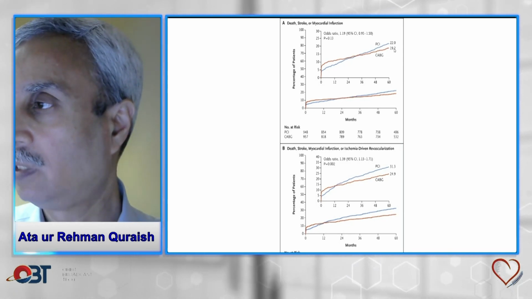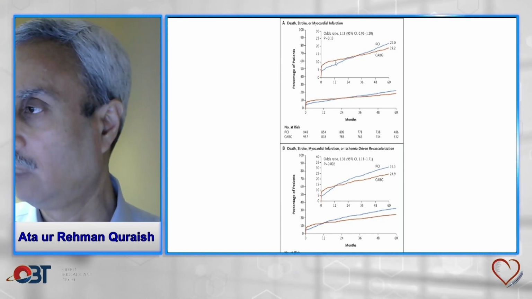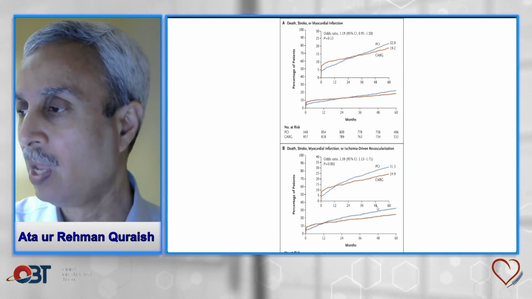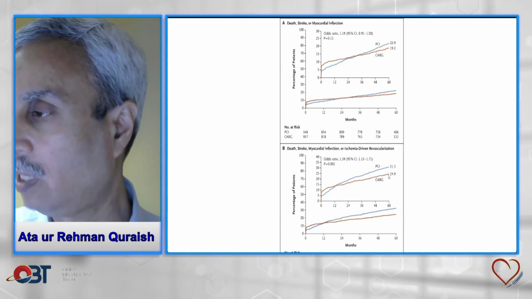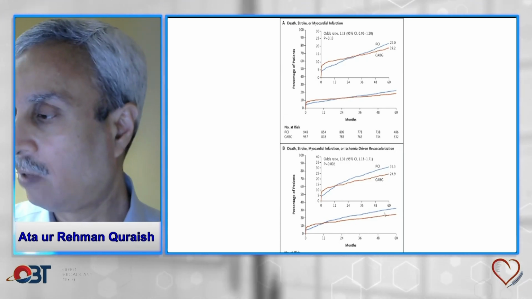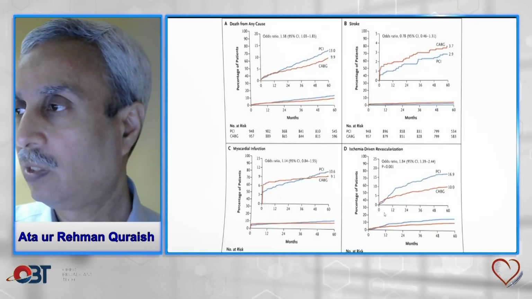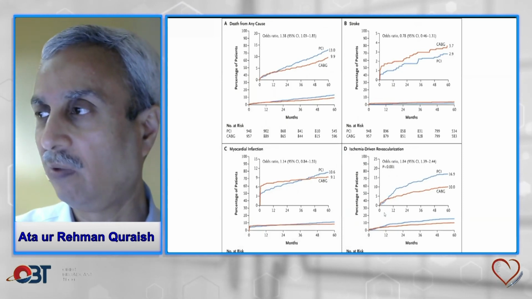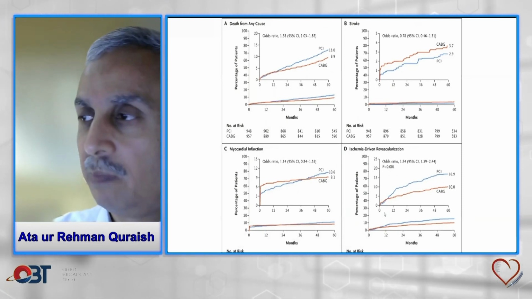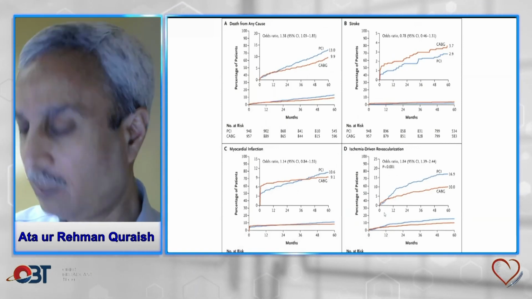And again, bypass surgery had a slightly better outcome, not statistically significant, p-value of 0.13. But combining with ischemia-driven revascularization, bypass surgery definitely had better outcomes over 5 years in the EXCEL study as well. And you can see that in this slide as well: if you take each endpoint separately in every segment, bypass surgery had a better trend.